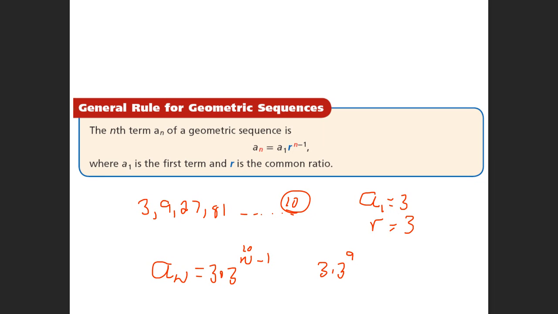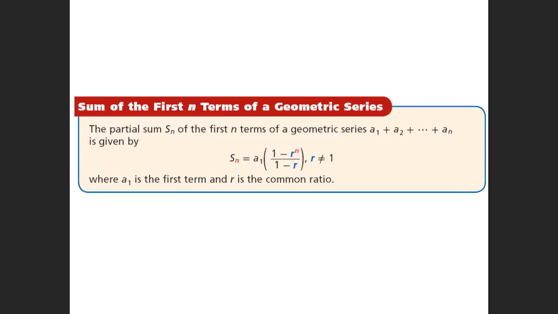So the 10th term would be 59,049. It's pretty big. When you think about it, they're always multiplying by 3 to get to the next term, so they're getting bigger and bigger really fast. Okay, that is a geometric sequence.